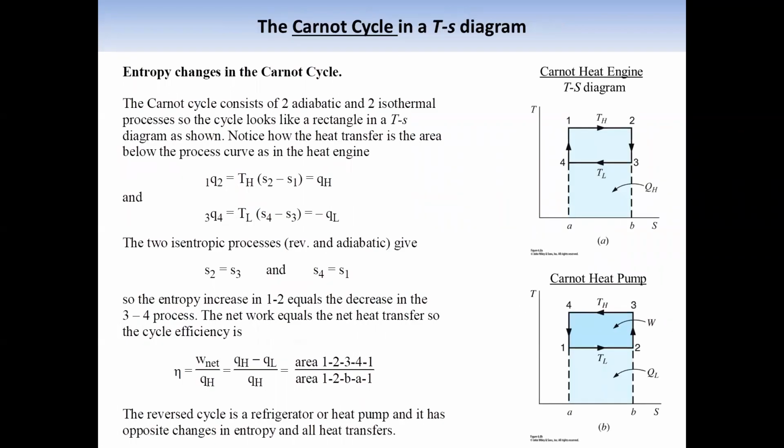If we apply what we just saw to the analysis of two Carnot cycles, one is a heat engine, the other corresponds to a heat pump. Some interesting results can be revealed from the analysis of the area.